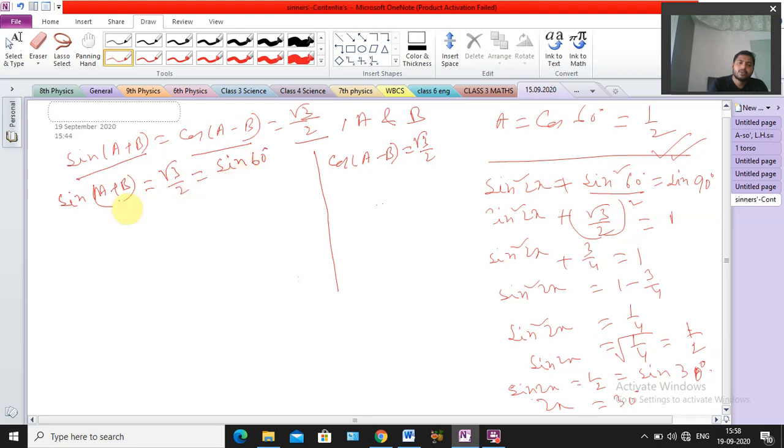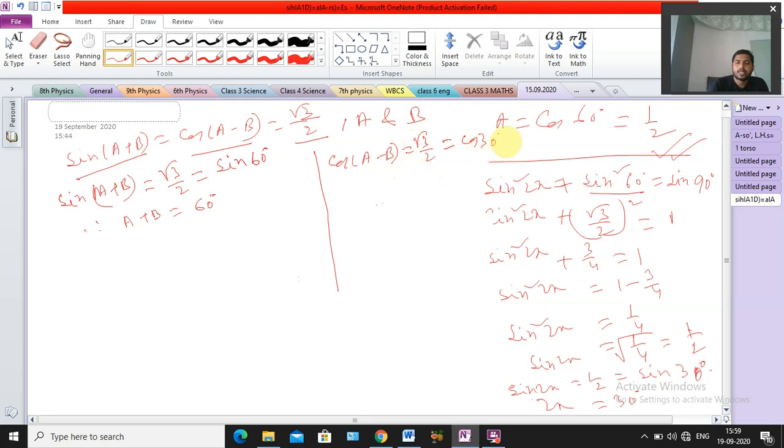So we are getting sin(a plus b) equal to sin 60 degree. That means we can write a plus b equal to 60 degree. Up to this, clear? Similarly this side also, cos(a minus b) equal to root 3 by 2. Whose value of cos is root 3 by 2? Cos 30 degree.